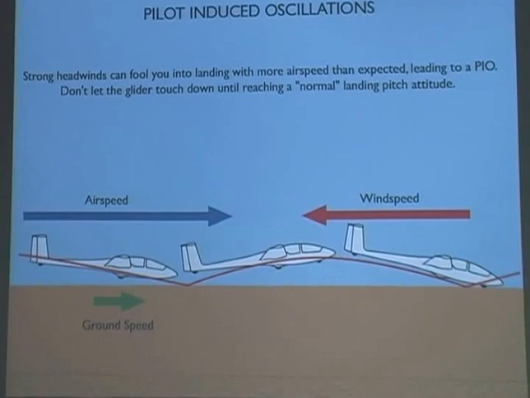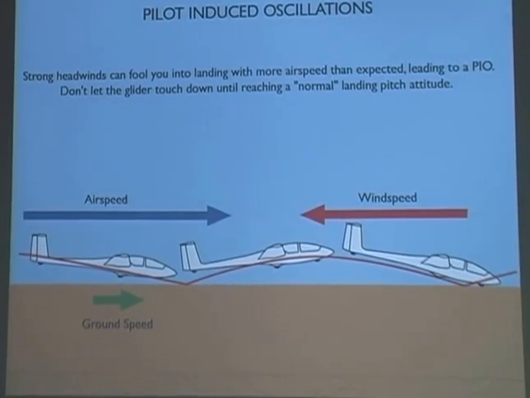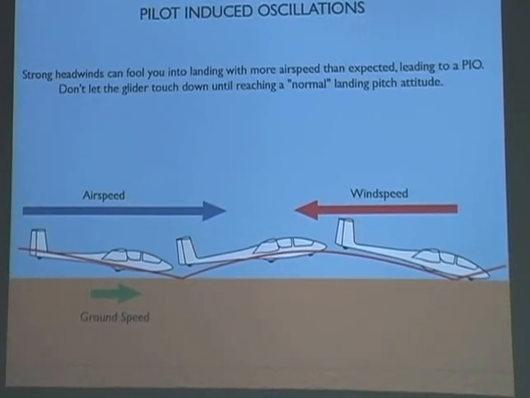So if you touch down too early, especially in the 21s, or anything that has a nose wheel on it, if that nose wheel hits first, or even the main wheel hits and the nose wheel falls down, it changes the angle of attack again, goes high, whoop, right back in the air, and you've already said, no, I've landed. Time to go back down. And it'll just happen over and over. And I've seen more PIOs, pilot-induced oscillations, during strong winds and wave conditions than any other time.